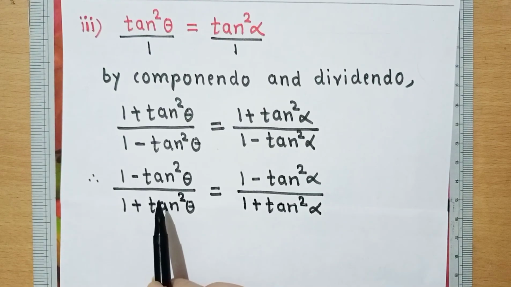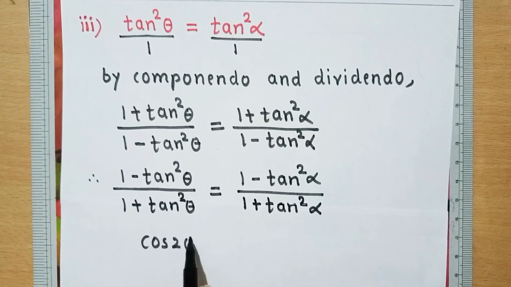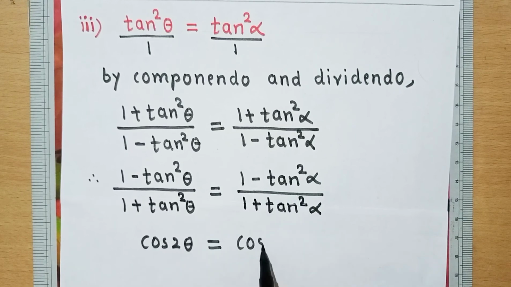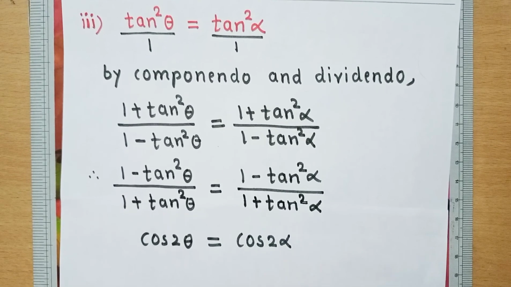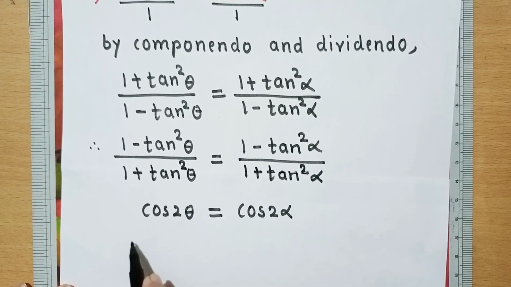Now check the left hand side. (1 minus tan square theta) upon (1 plus tan square theta) is nothing but cos of 2 theta, is equal to, and this is cos of 2 alpha. And now we will use the formula for cos theta equal to cos alpha.